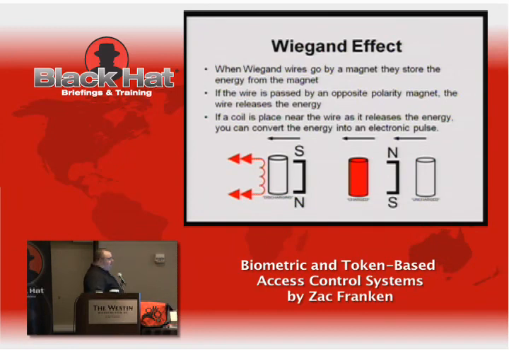And if you have a handy little coil of wire close to it, you get a little pulse of electricity, and that's what the sensor is. It's simply a little magnetic reed head next to the magnet, so that when that little wire goes beep, it picks it up.